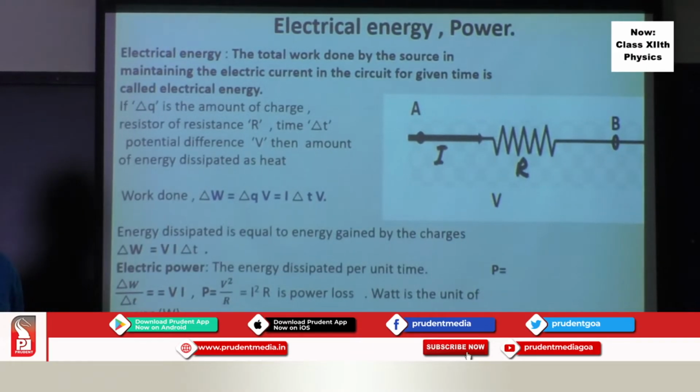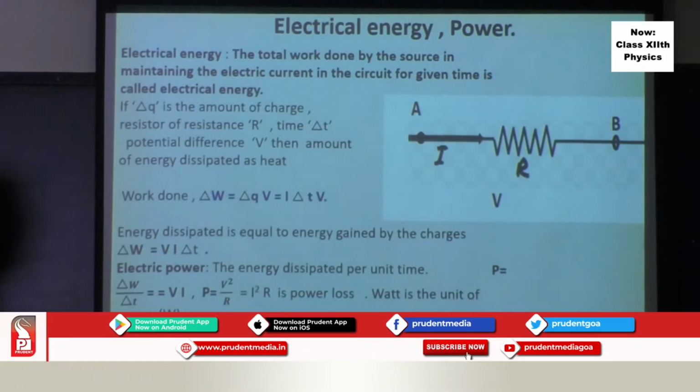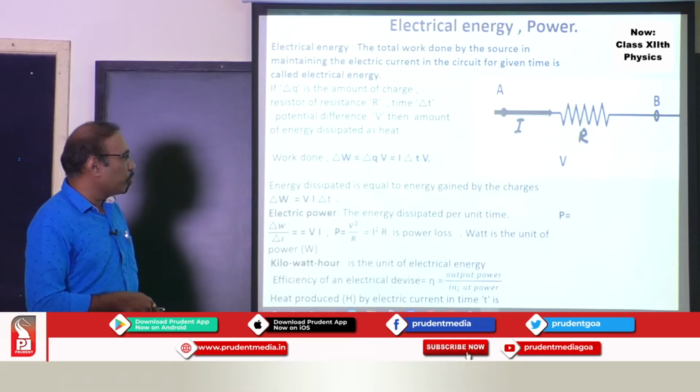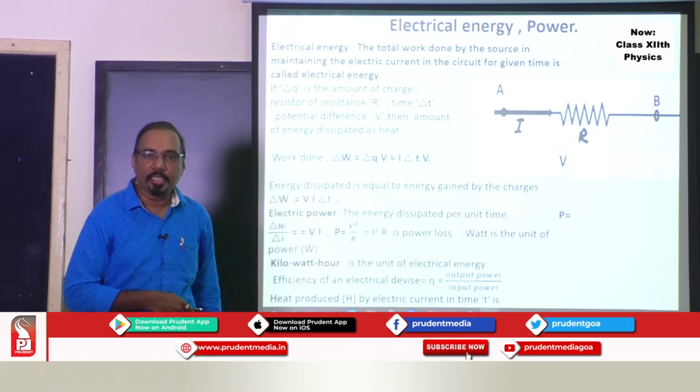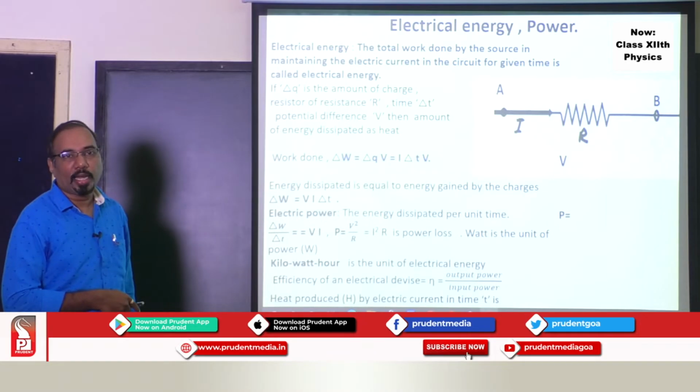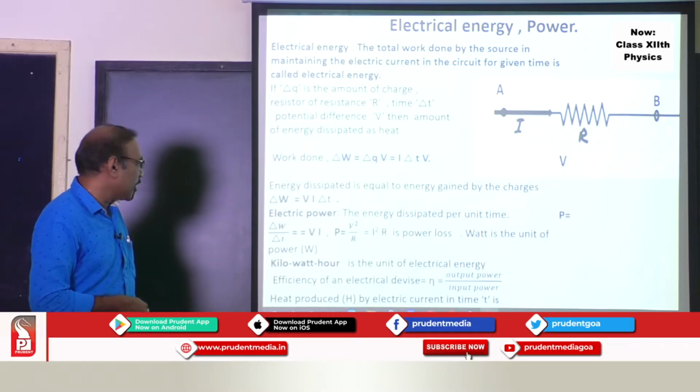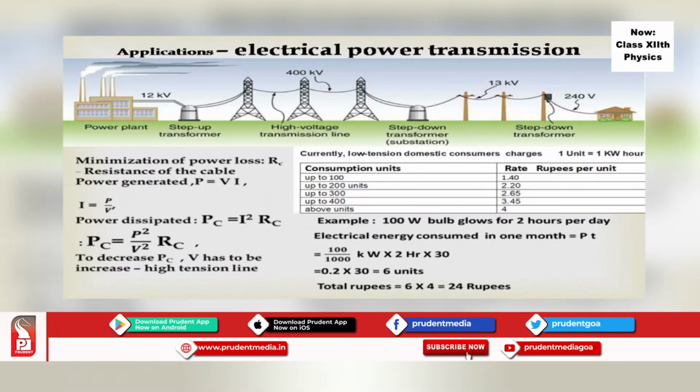Kilowatt hour is the unit of electrical energy. One unit which is consumed, we say 1 kilowatt hour. Another formula, we have output power upon input power as the efficiency. Multiply by 100, you will get the percentage of efficiency. And heat produced, one can write in the formula I square Rt.